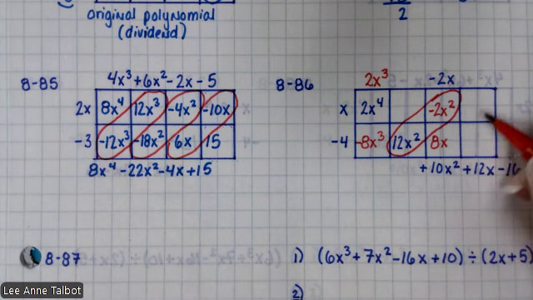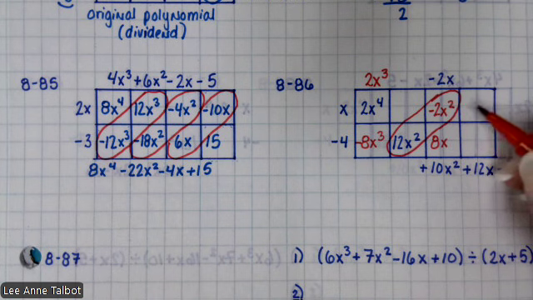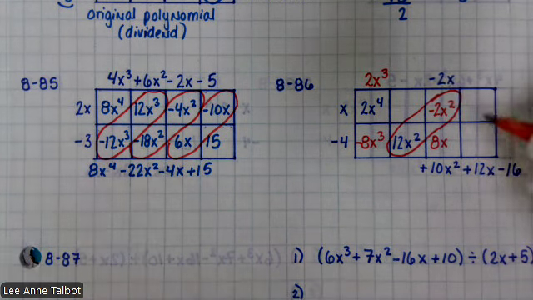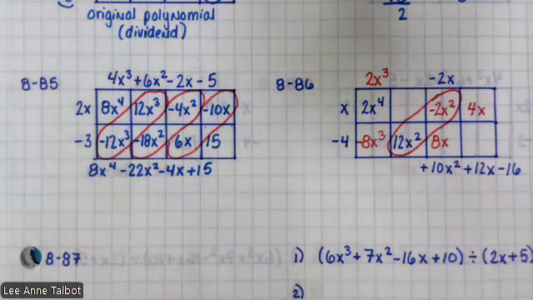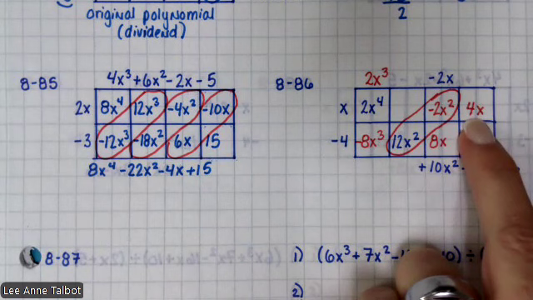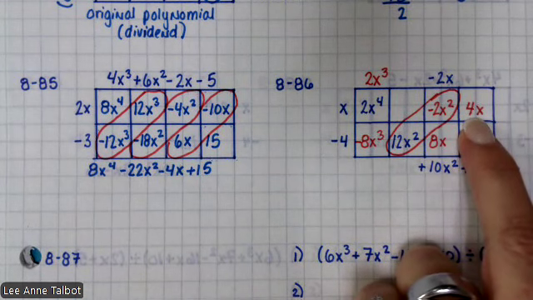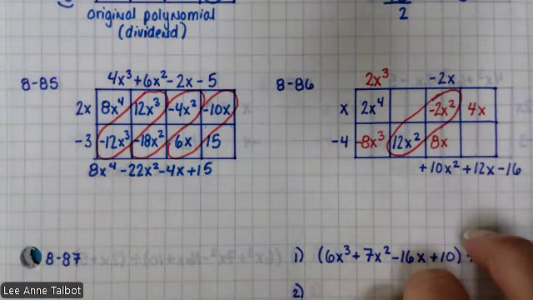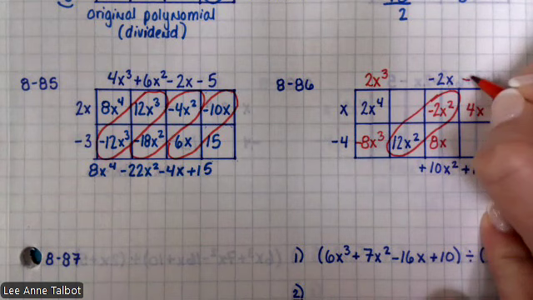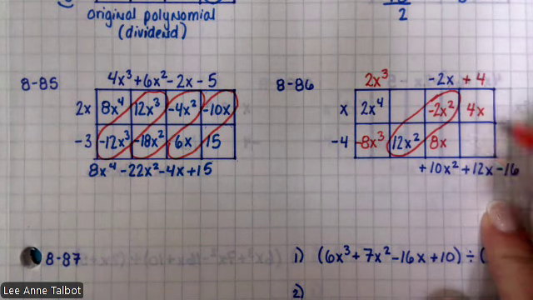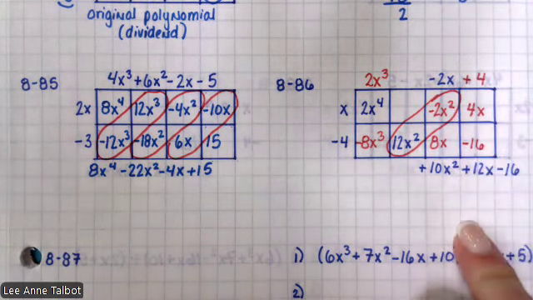Okay, so what does this box have to be? 4x. Okay, why does it have to be 4x? Yes. Okay, so we got all that part.